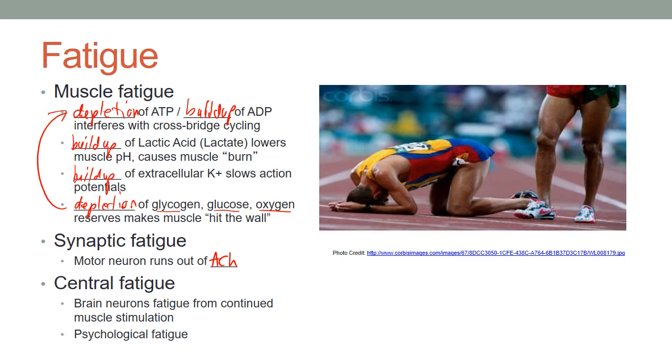The other is what we call psychological fatigue, and that's where your body is simply getting so many signals from your nerves and muscles that you feel like you're overusing the muscles. You get a psychological feeling of wearing out, that you can't make yourself keep going anymore. Okay.